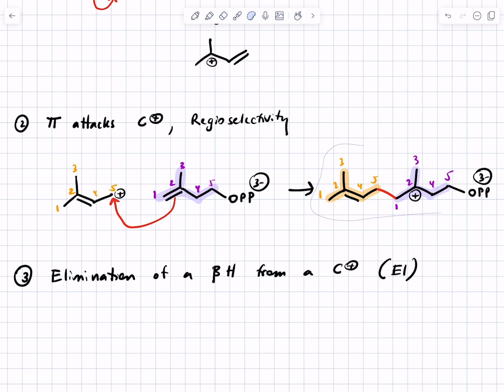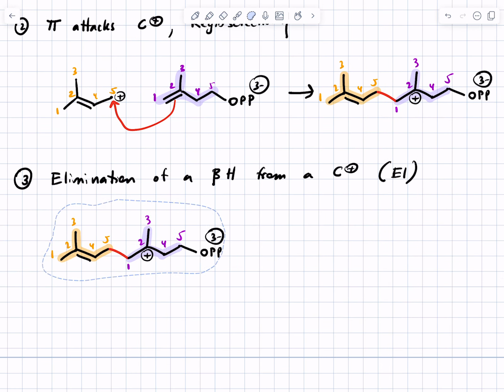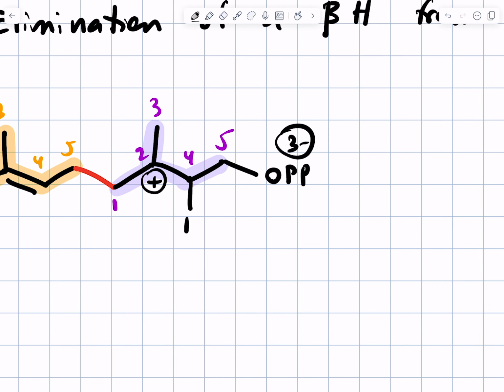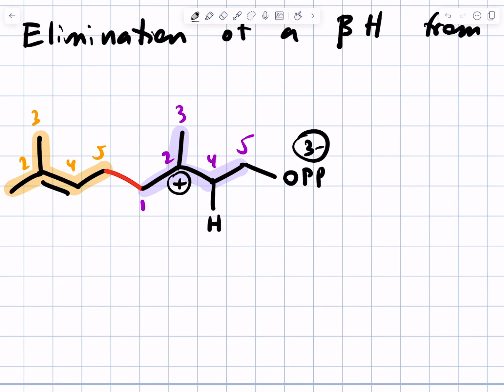So yeah, we will take this carbocation. Protons that are adjacent to carbocations are acidic. Now some of you are going to ask, aren't there beta protons on carbon 1 and on carbon 3? Why don't they get removed? Why do we instead get the pi bond between 2 and 4?